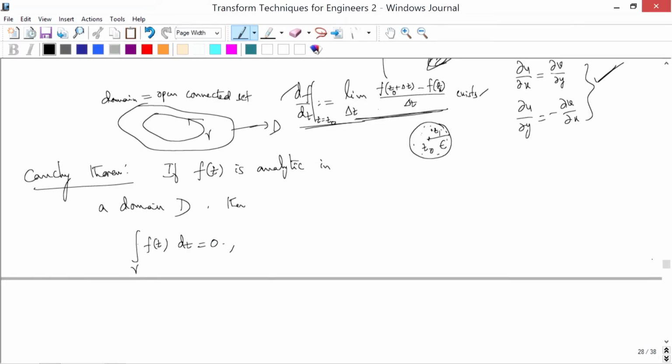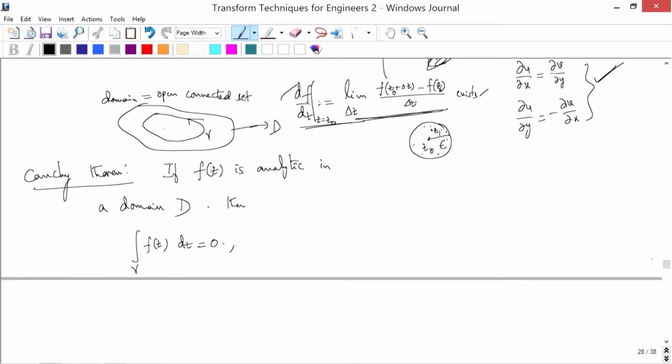Why do I make counterclockwise the positive orientation? Because when you move along the boundary in the counterclockwise direction, your domain is on your left-hand side, and that I fix as positive orientation. If you go the other way, with the domain on your right side, that is negative orientation.